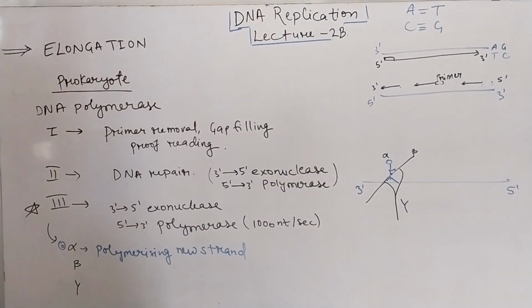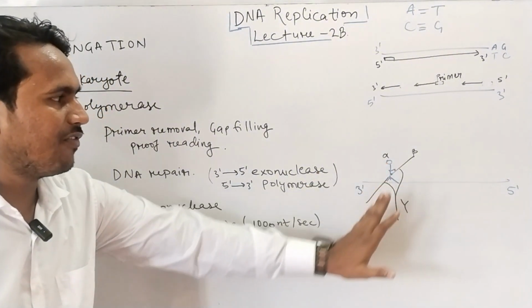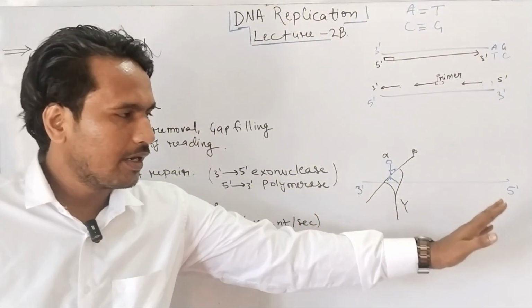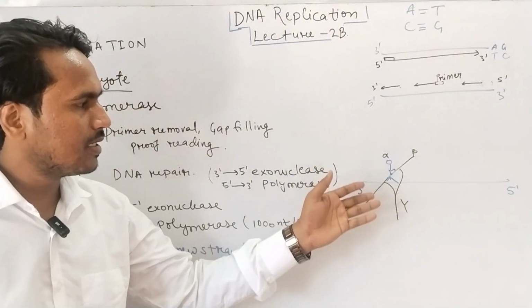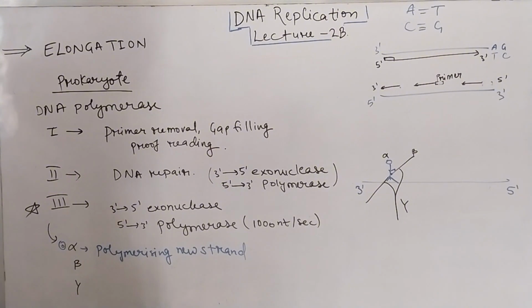So I am giving you the simplest illustration: alpha is the main polymerizing unit which is walking over the template strand, we need a balance by which we need a sliding clamp, that is beta, and we need a sliding clamp loader, which is gamma.